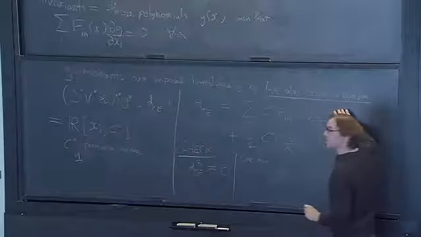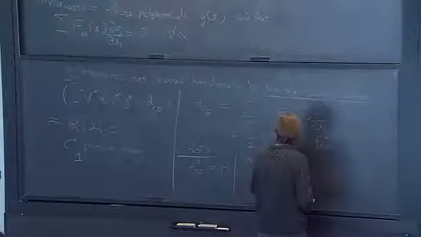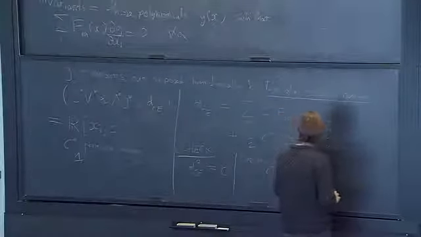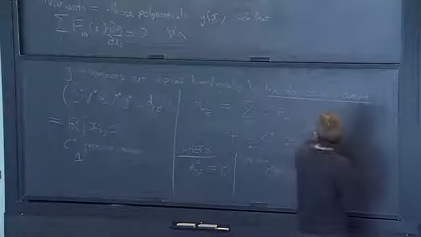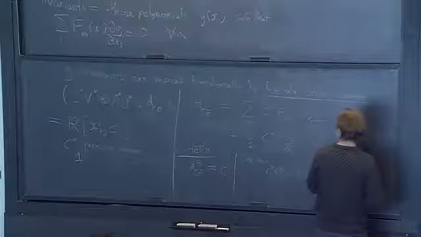If I square this piece, I'll get something like c^a c^b f_a^c f_i^c ∂/∂x^i. Call this alpha, and this term beta. This is the alpha-squared term.